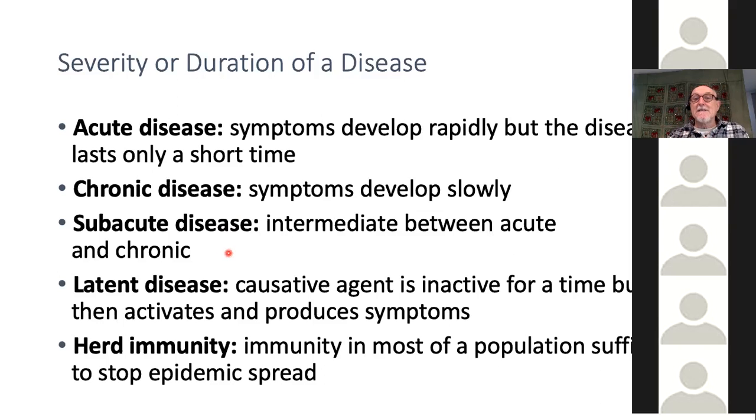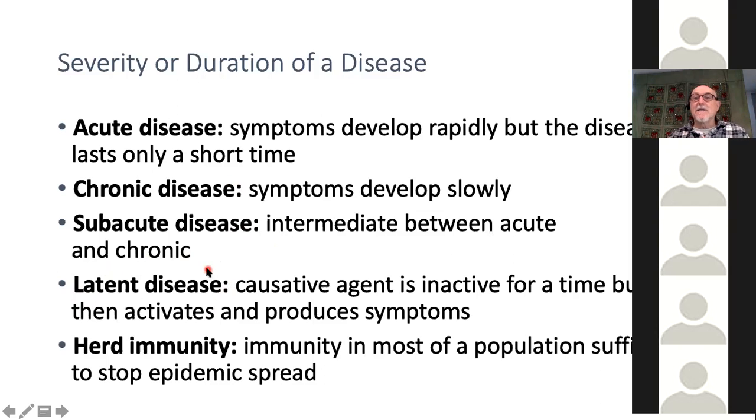Subacute disease is in between the two, and the problem with this is that people often are suffering such mild symptoms that they remain completely functional, and they may actually be agents of spread of the disease. This is very similar to them having latent disease.